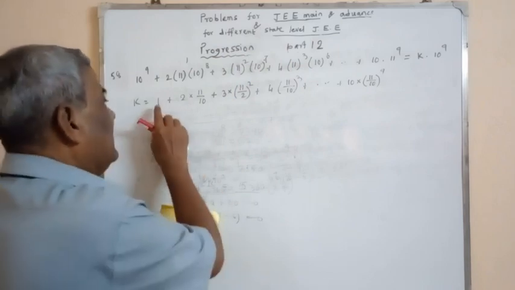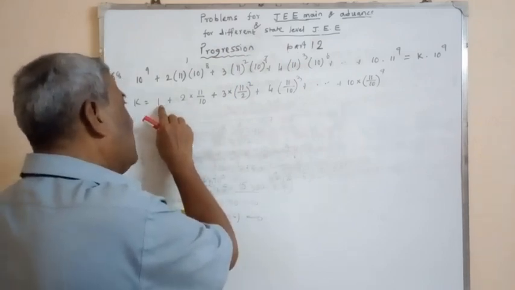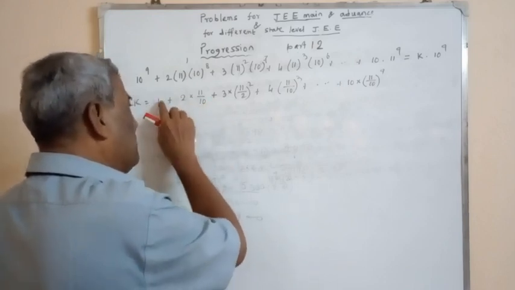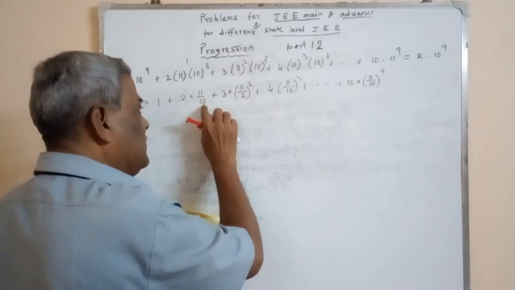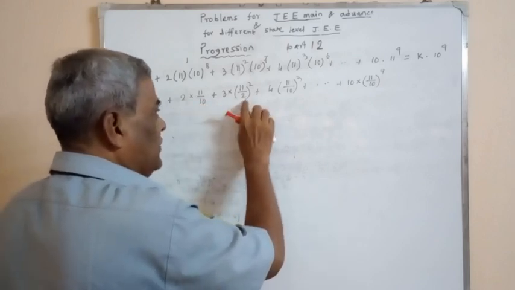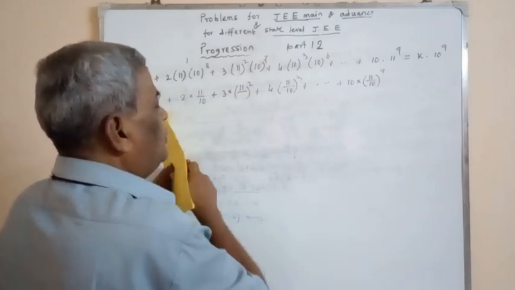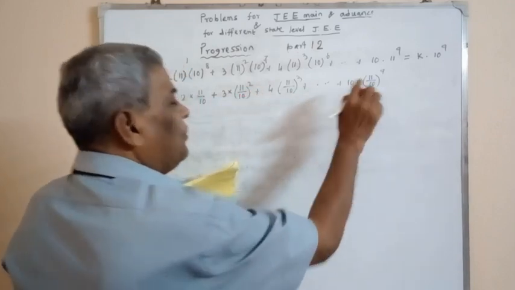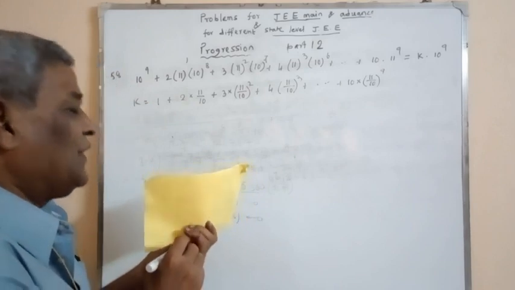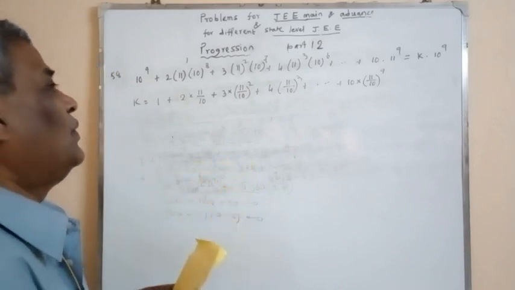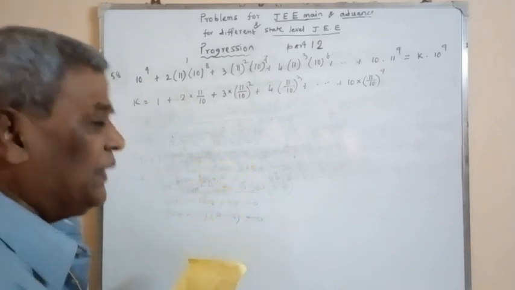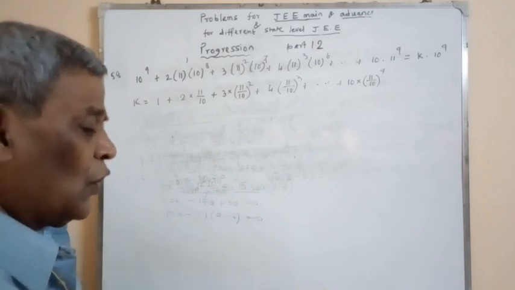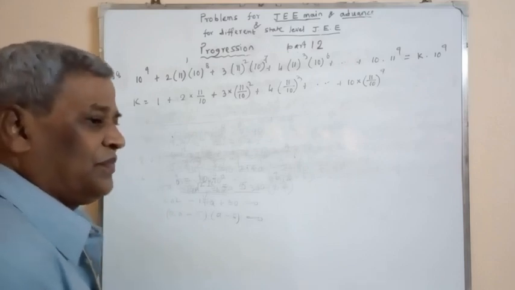The other factor is 11 by 10 to the power 0, 11 by 10 to the power 1, 11 by 10 to the power 2. So the second factor is increasing in GP, whose common ratio is 11 by 10. So it is called an AP-GP series.